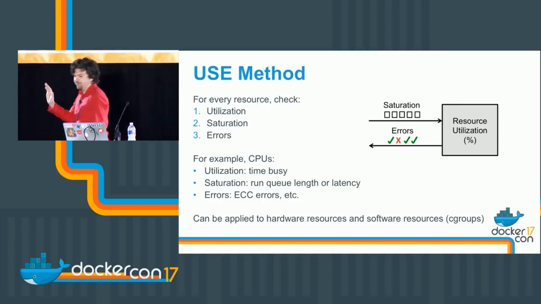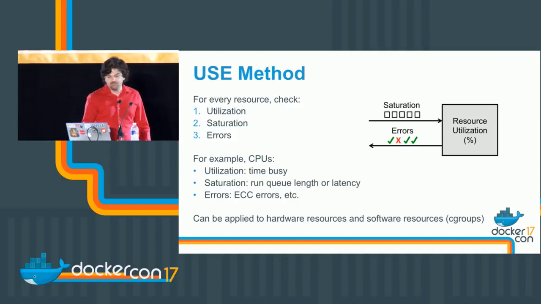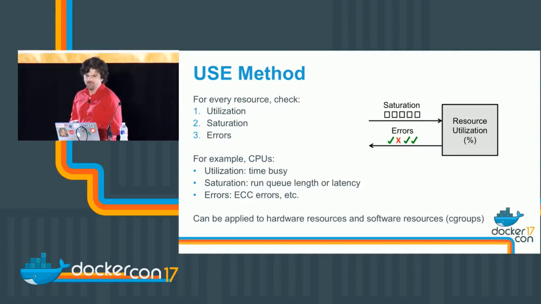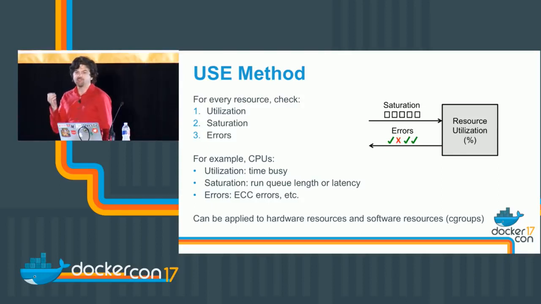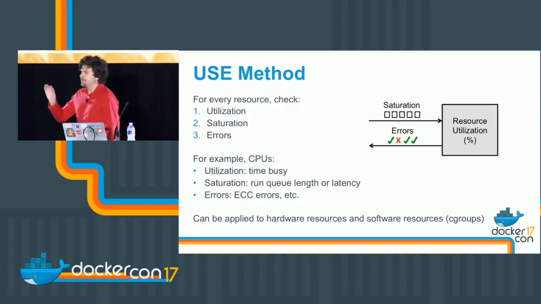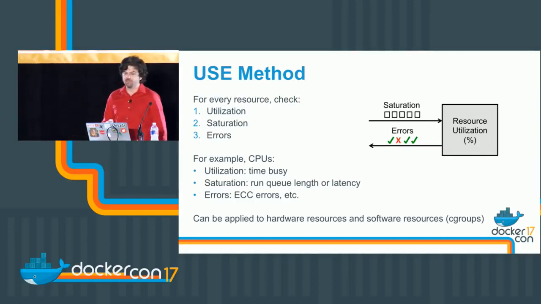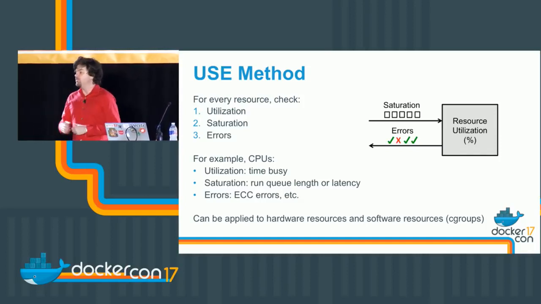As an example for physical CPUs, that's pretty simple. Utilization is time busy. Saturation would be run queue length or latency. Latency is even better. Errors could be ECC errors you get from CPUs. You can apply this methodology to cgroups as well, and think of cgroups as a software resource. So if I was to apply this to the CPU physical cap cgroup, or that configuration, utilization is the percent that you've used for that cap.